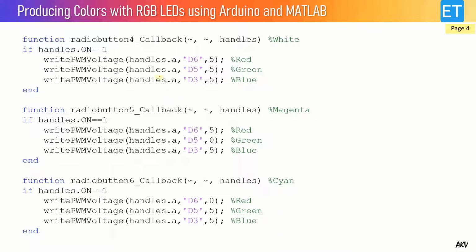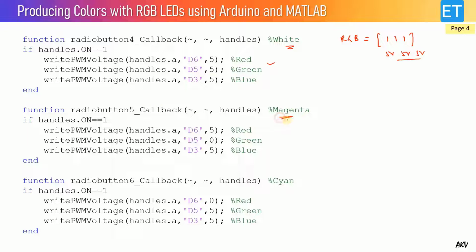Similarly for the fourth radio button, which is for white. White color can be produced by switching on all the 3 LEDs. So white can be created by this RGB value, 1 1 1, which physically means 5 volt, 5 volt, 5 volt. So if you give 5 volt to all LEDs, all the 3 LEDs will glow at the full brightness. So that will create the white color.